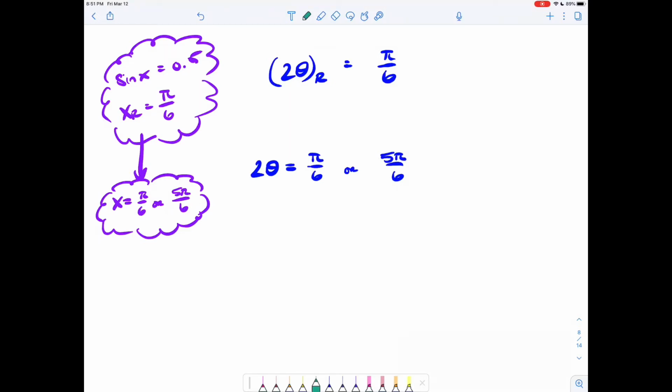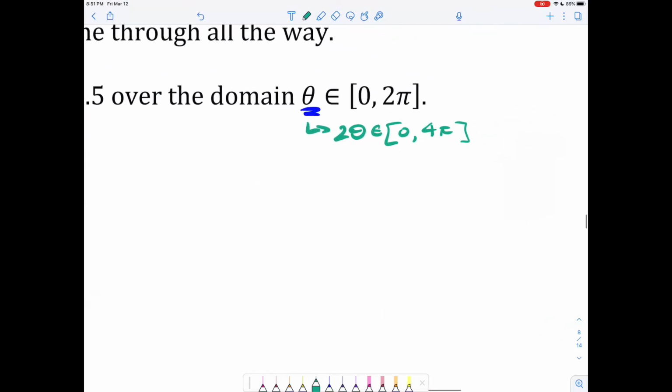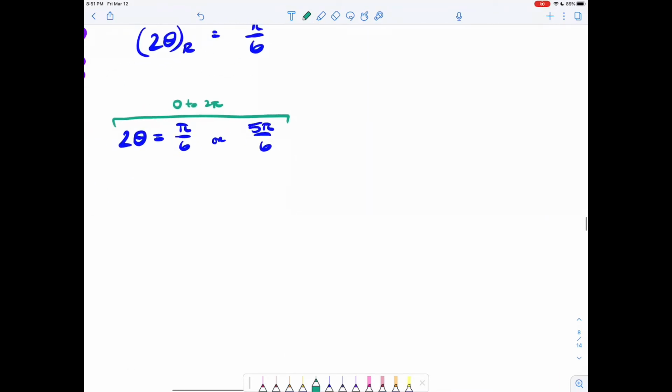Now again, this little bit of solutions will take us from 0 to 2 pi. And that's all good and well for theta, but 2 theta, again, could go from 0 to 4 pi. So we've got more solutions.